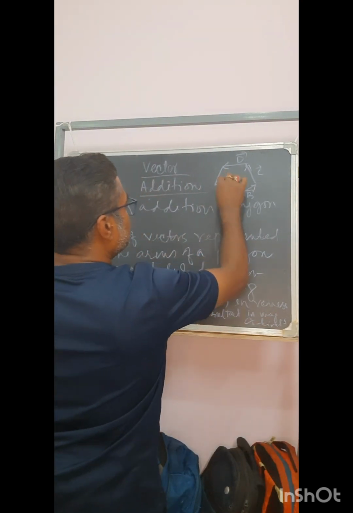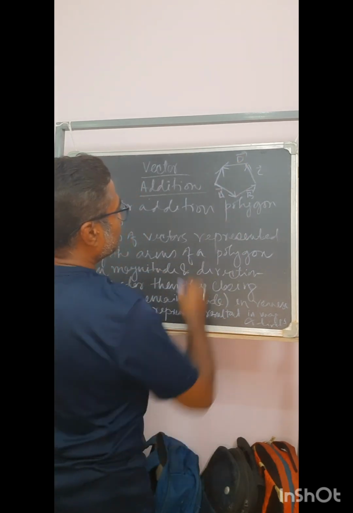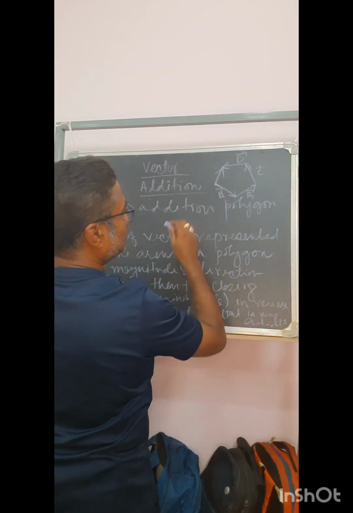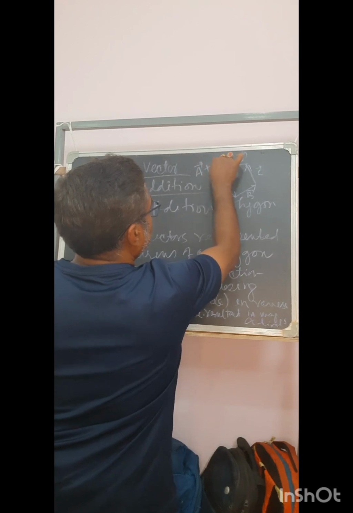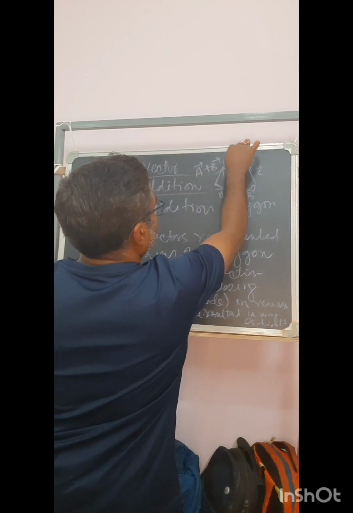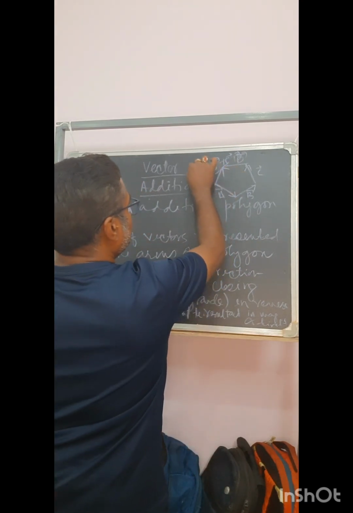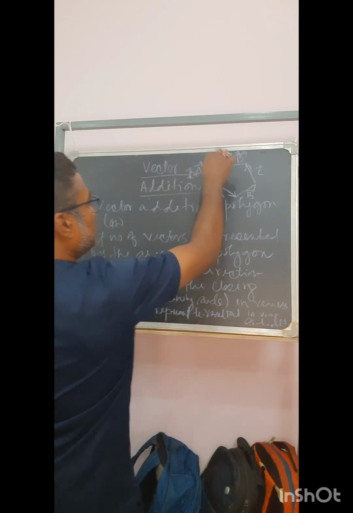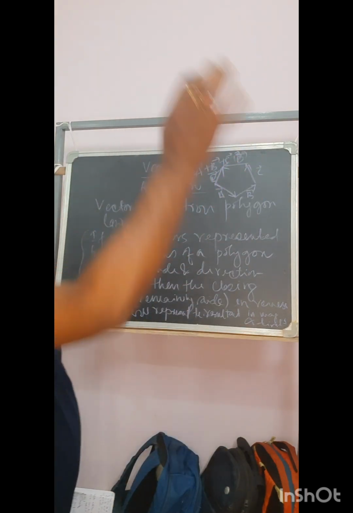Then the closing side, that means the remaining side which is closing the pentagon, taken in the reverse order, will represent the resultant of these vectors. So this will be the resultant R, and R will be A plus B plus C plus D, all these vectors taken in reverse order.